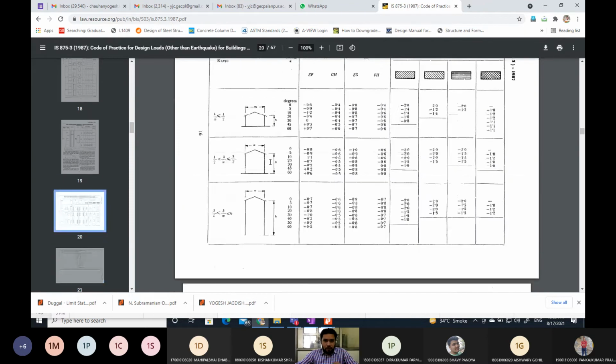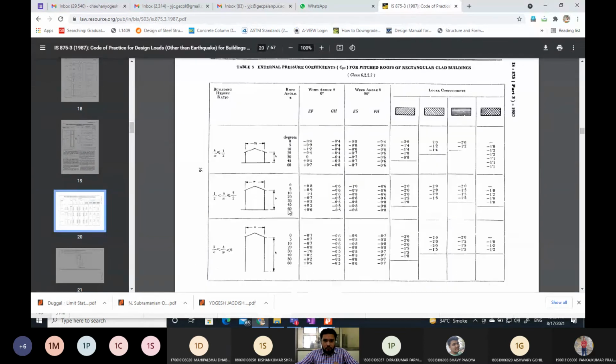So for pitched roof, you have to interpolate the value between 20 and 30. So you will get two values, minus 0.37 and minus 0.8, for the windward case and leeward case.